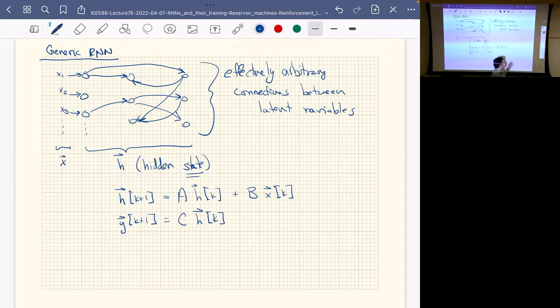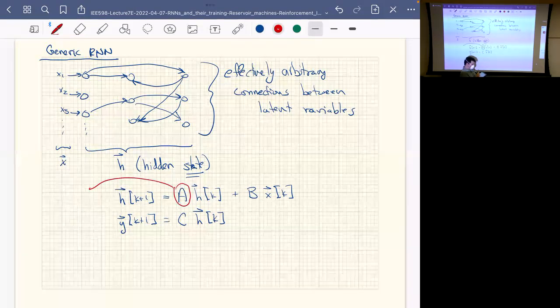So this ends up being a more convenient way to write recurrent neural networks, where the weights are stored. We can think of these as hidden layer weights.